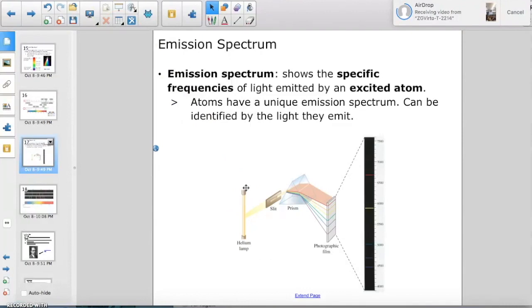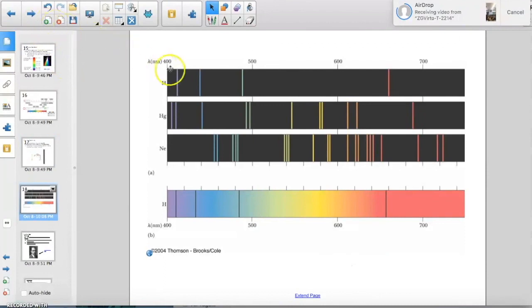Well, first of all, we need to understand that the emission spectrum is not a continuous spectrum. As you can see, it has specific lines of colors that belong to specific wavelengths and frequencies, and these colors and these lines are unique. This combination of colors and lines are unique to each type of atom.